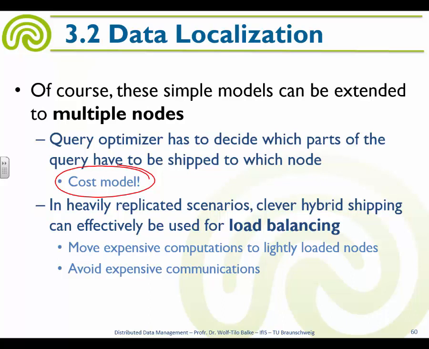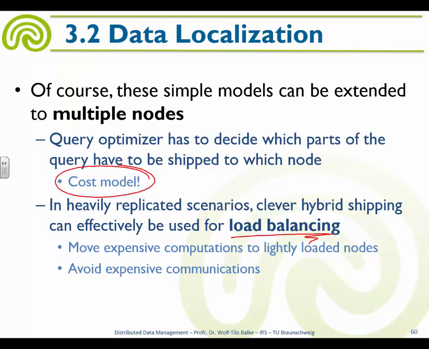Also then, in heavily replicated scenarios, you can allow for a certain kind of load balancing by this. So the computing intensive parts of the query can be done by clients, right? And the pure data manipulation and data filtering things can be done by the server.